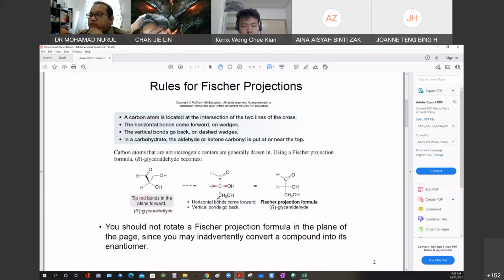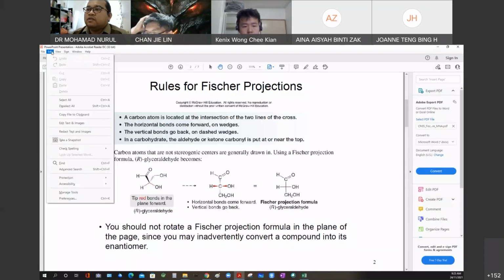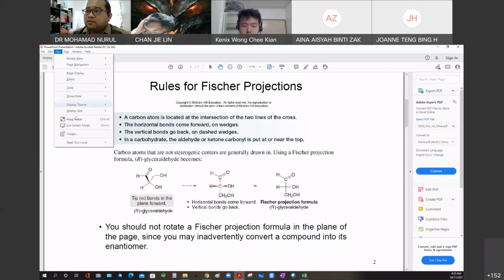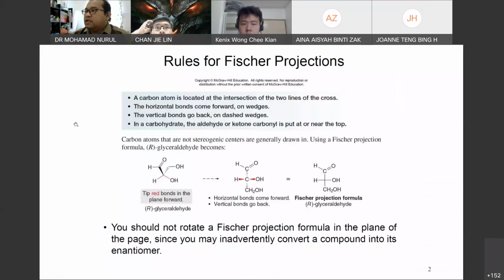So the rules of Fischer projections: the carbon atom is located at the intersection of the two lines of the cross. The horizontal bonds come forward on wedges.